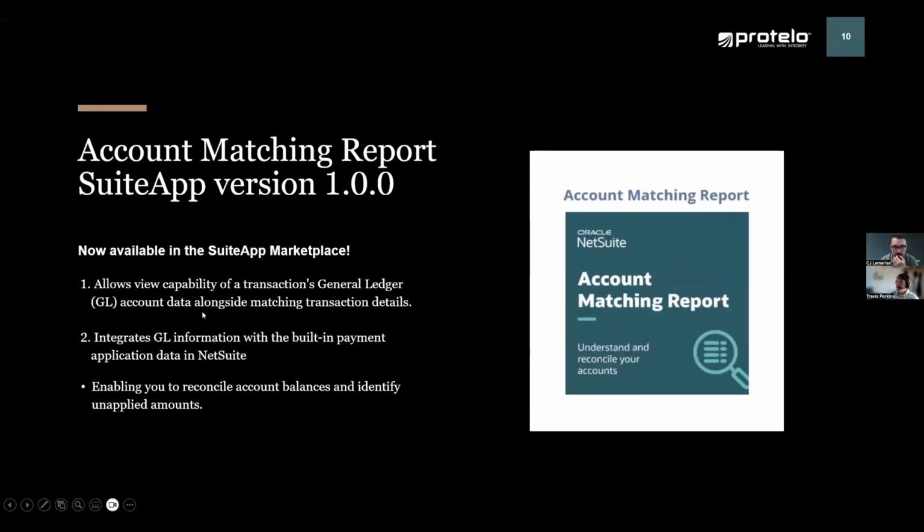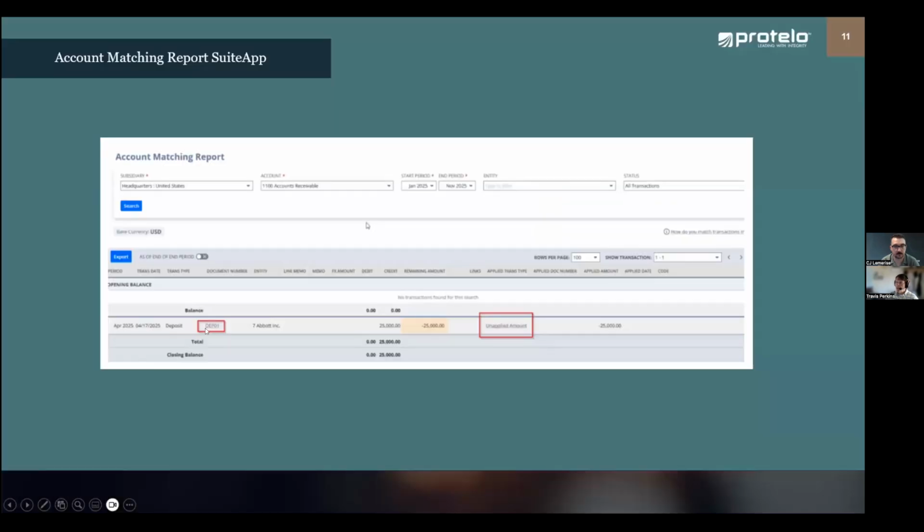In here, you have the ability now with the account matching report SuiteApp version 1.0 to do a lot of things, right? And so let's look at it a little bit more closely. Again, I don't have a 2025.2 demo account to show you this information, but I can show you here via this screenshot. Each transaction line in the report has several columns you can see and identify.